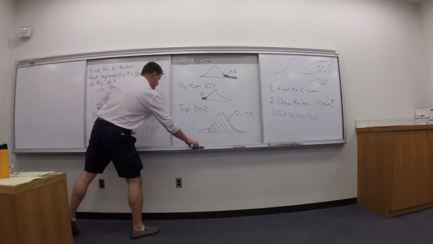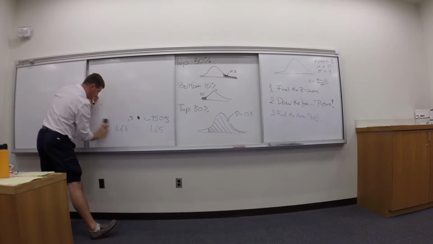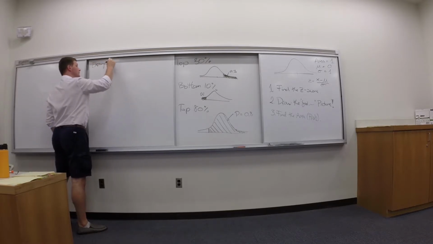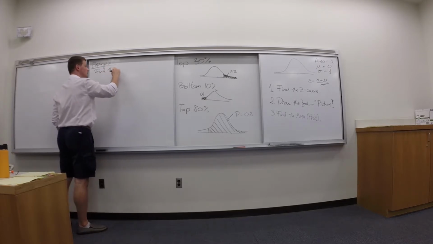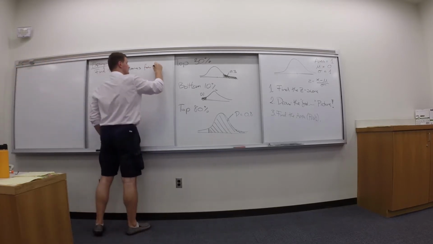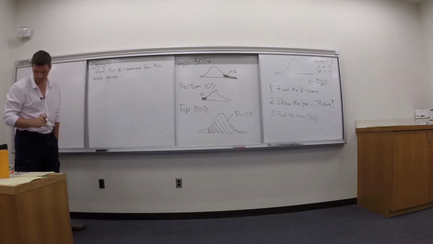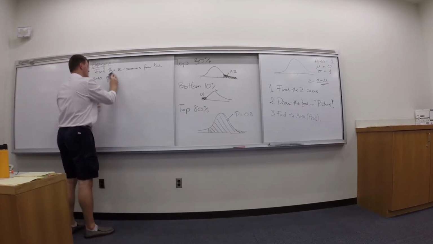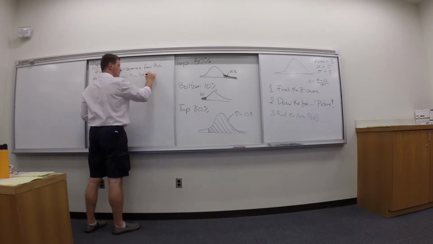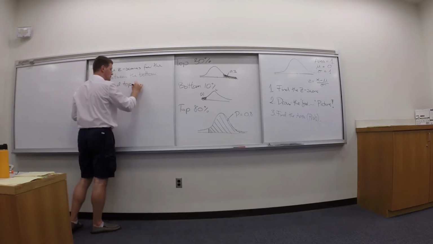Okay, more. Find the z-scores for the area between the bottom 2.5% and top 2.5%.